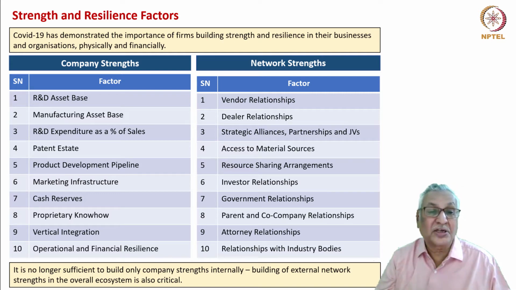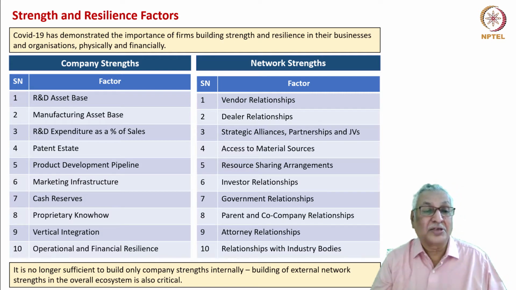Similarly, the manufacturing asset base, that implies whether the company has A, the capacity, and B, the modularity to scale up depending upon the demand position. R&D expenditure as a percentage of sale is a very important indicator of the commitment of the company towards R&D as well as the capability of the company in terms of R&D infrastructure. This R&D expenditure could be in terms of capital expenditure as well as ongoing revenue expenditure.